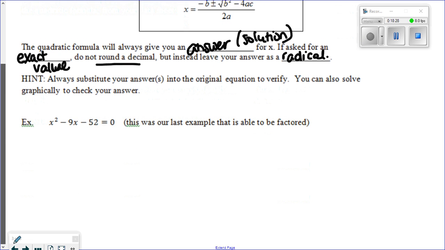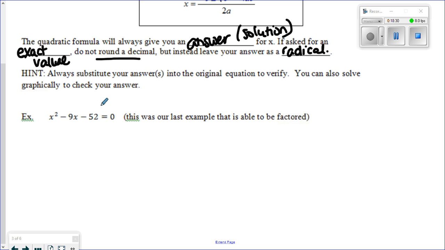So this first example problem is the same as we had for factoring, so we should get the same answer. This was our last example that was able to be factored. What we see is it's in standard form and set equal to 0.